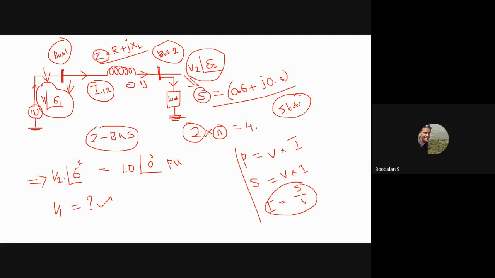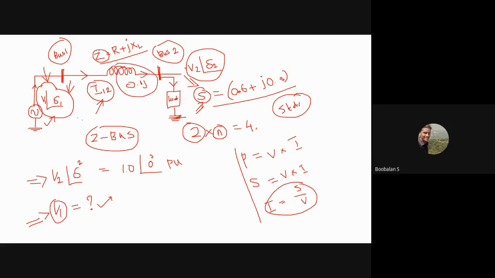Now we can calculate V1 with the help of I2. We calculate I2, and through I2 we can calculate V1. It's very easy. What is the formula? What do we know? We need to calculate V1. V2 is given, S is there, and impedance is there. Through this we can calculate V1.